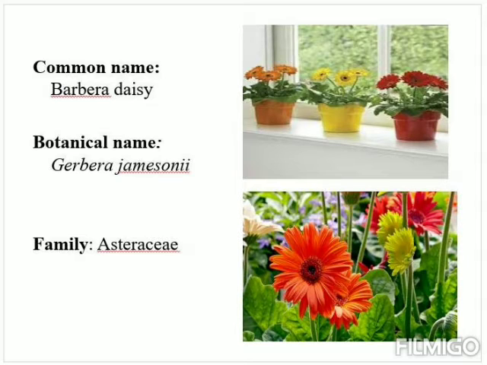Gerbera is one of the leading flowers that comes in the top 10 of the cut flowers.